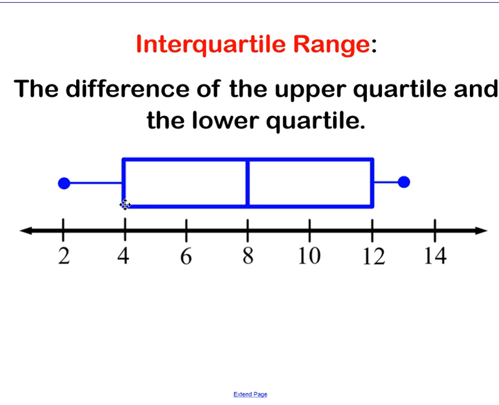So if you remember correctly, our lower quartile is 4, and our upper quartile is 12. And I am just going to take those, subtract them, so 12 minus 4, and my interquartile range is 8.